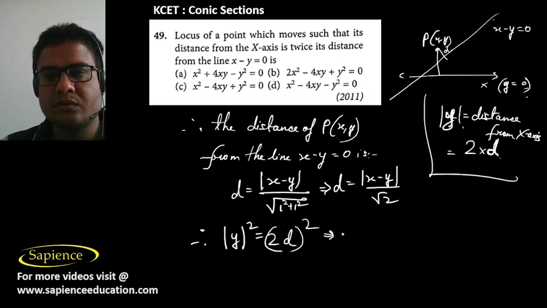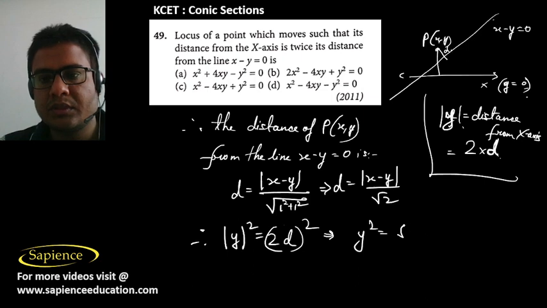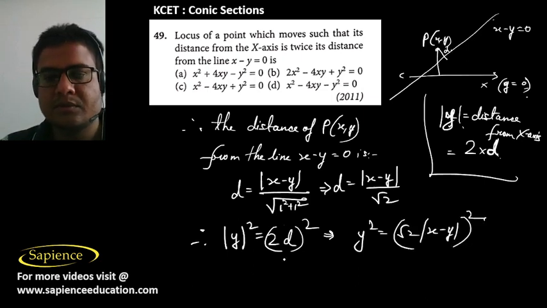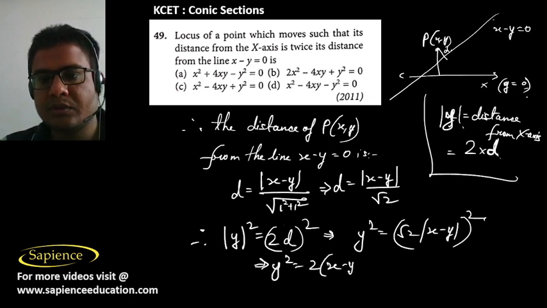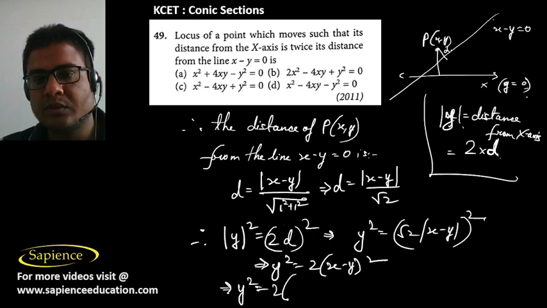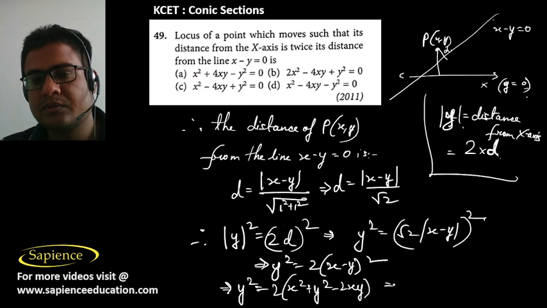So this will be y square equal to 2d, that is root 2 into mod x minus y, whole square. So this will be y square equal to 2 into x minus y whole square. Then this will be y square equal to 2 into x square plus y square minus 2xy. So this will be y square equal to 2x square plus 2y square minus 4xy.